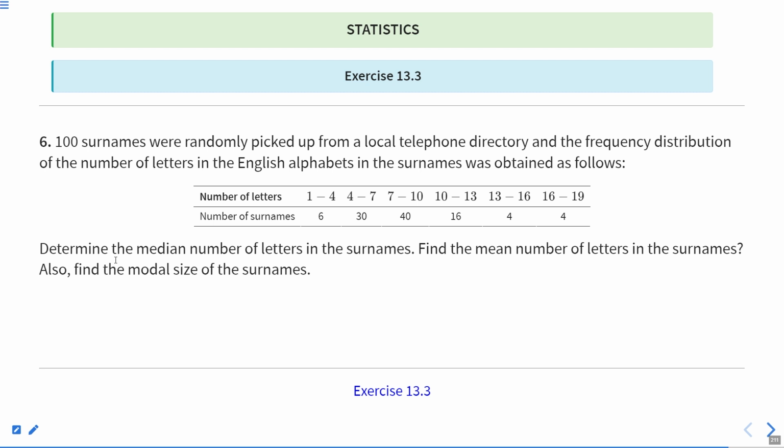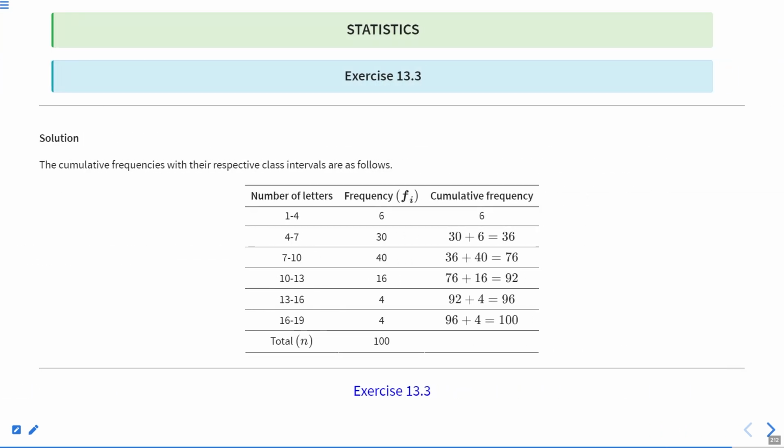Okay, and find the mean number of letters in the surnames also. So also find the modal size of the surnames. So let us solve this problem. The cumulative frequencies with their respective class intervals are as follows. For the first class interval, the cumulative frequency is 6, and for the next, it is 30 plus 6, that is 36, and then 36 plus 40, that is 76.